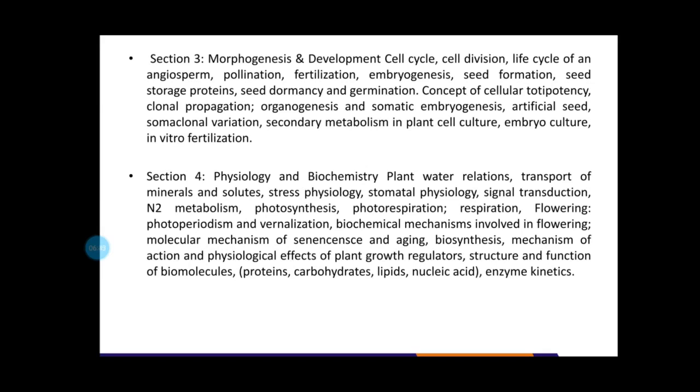Also we have enzyme kinetics, and from that portion you will get 6 to 8 marks.